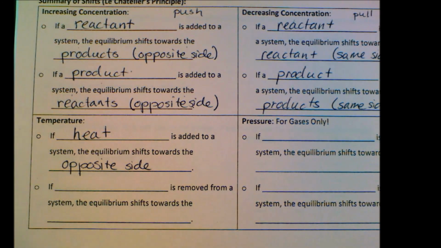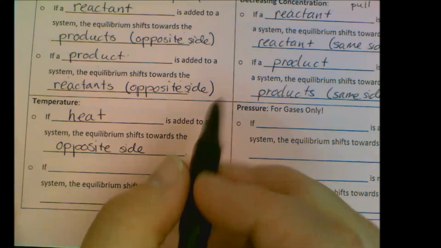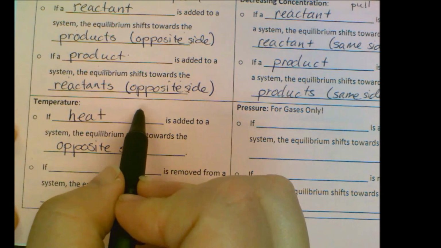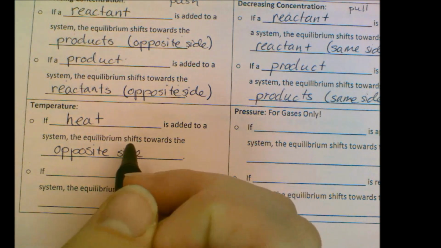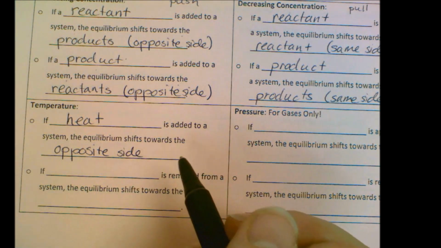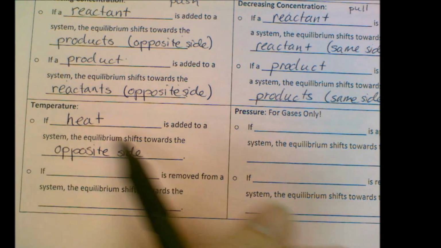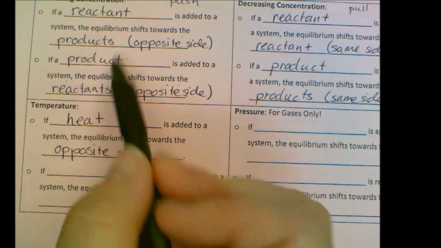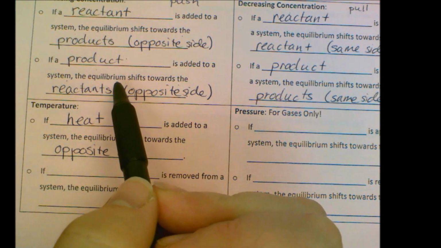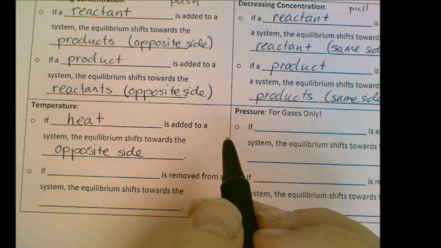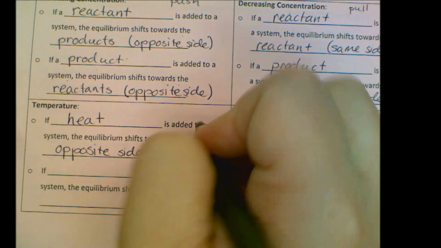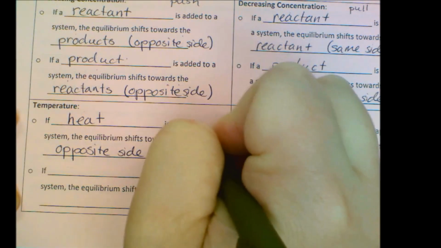So wherever your heat is, heat can be written on the reactant side if it's endothermic, or on the product side if it's exothermic, as we looked at in thermochem. So it's always just going to shift towards the opposite. It's very similar to increasing concentration. Think of it as increasing your concentration of heat. So again, this one is a push.